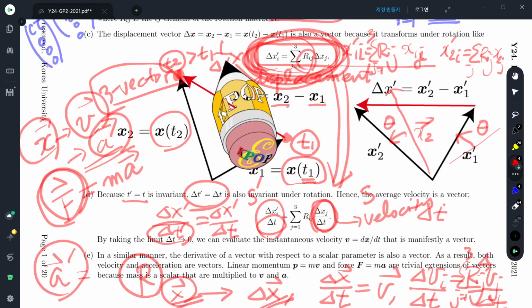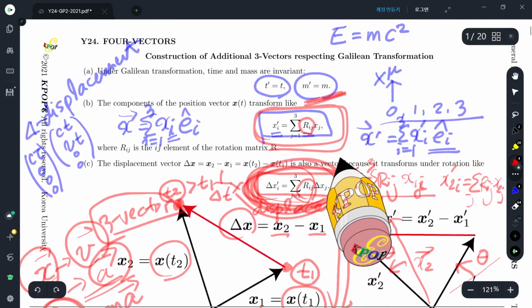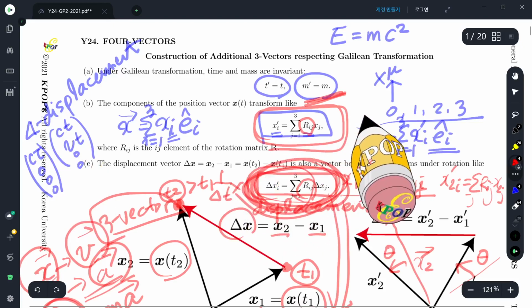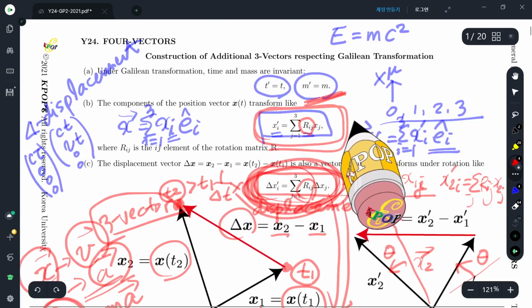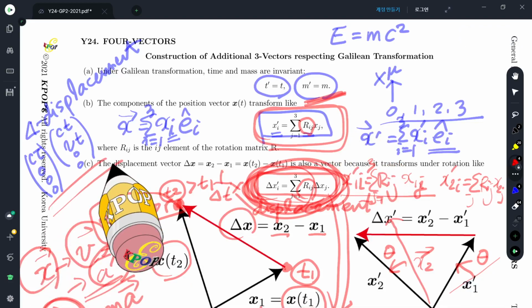This logic is directly applied to find out the four vectors that have the same property, just like the case of the four displacement on the Lorentz transformation.